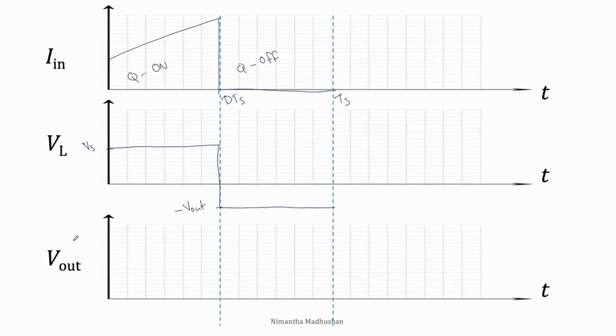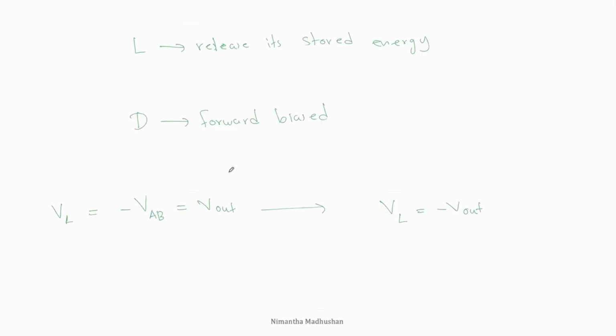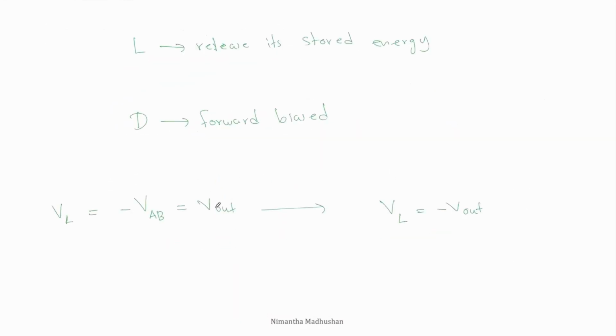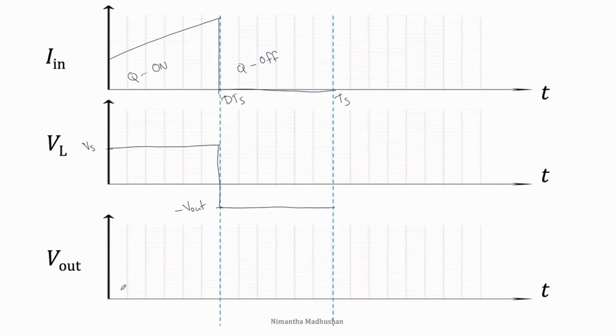And if we consider the Vout graph during turn on time, there is no voltage appearing here from this side, and we can draw 0 volt.